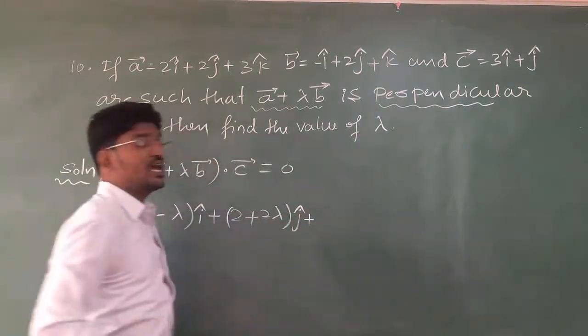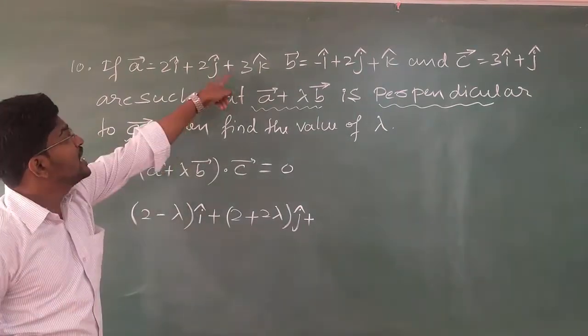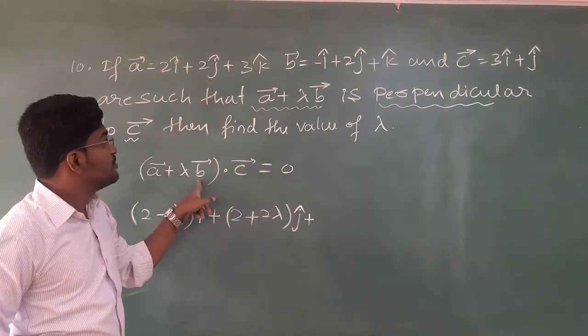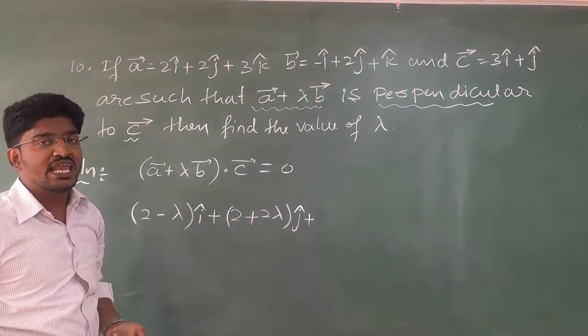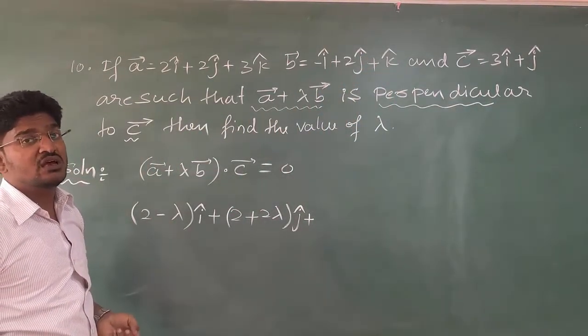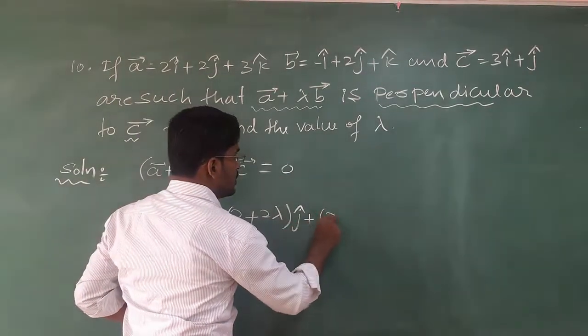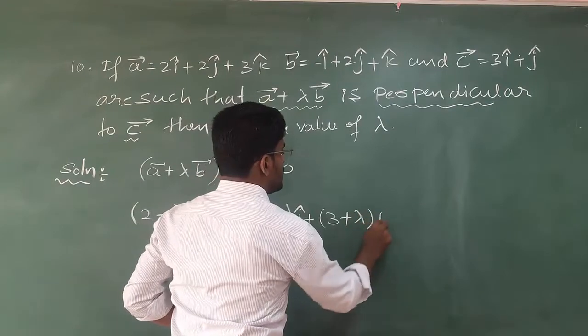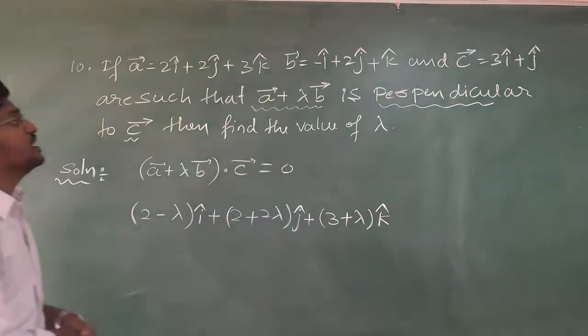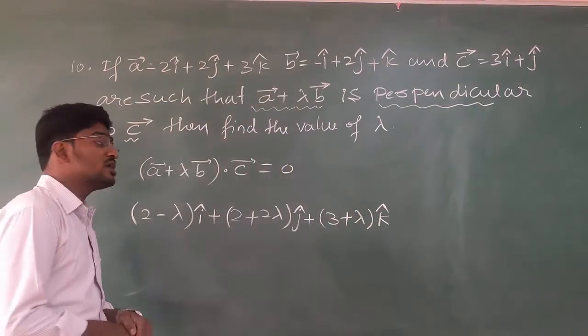Next, try on yourself. Here you have 3. Lambda is multiplied for this k cap also. What you will have? Guess quickly. It will be 3 plus lambda k cap.